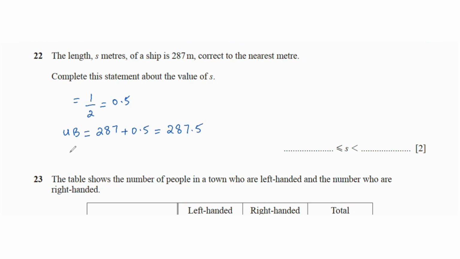And lower bound would be 287 minus 0.5, which is going to be 286.5. So 287.5 over here, 286.5 over here.